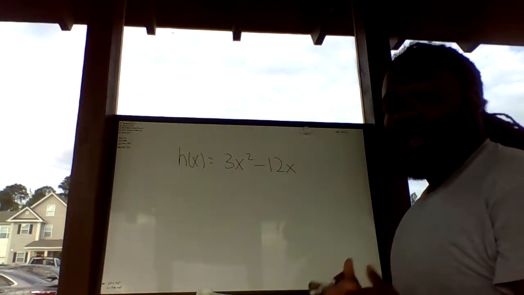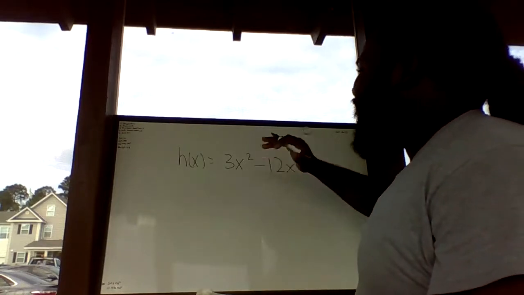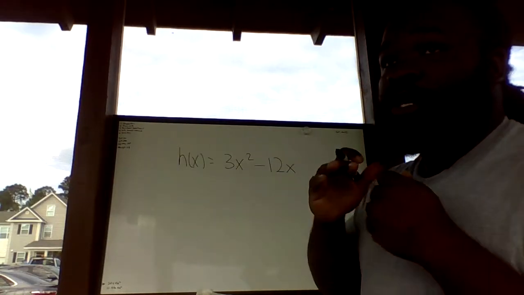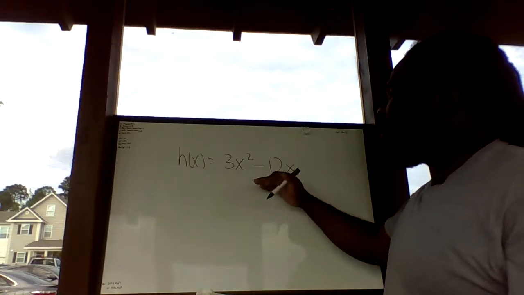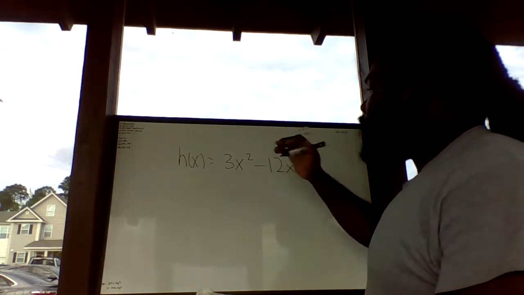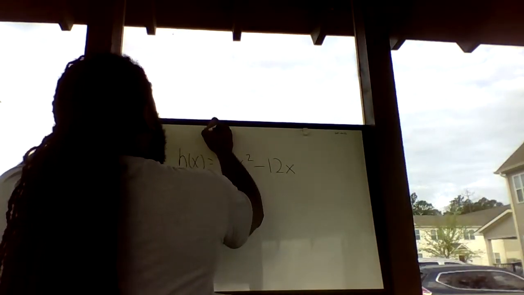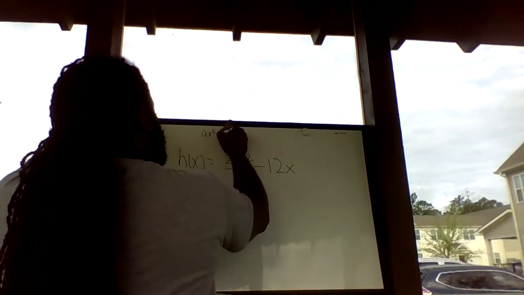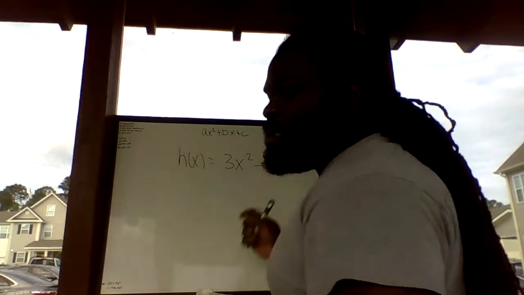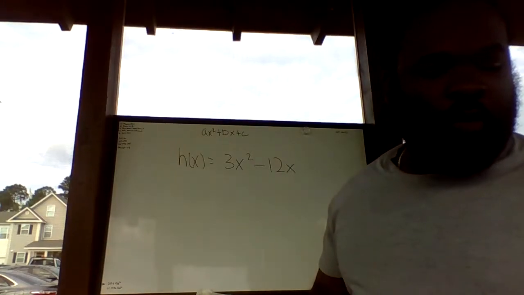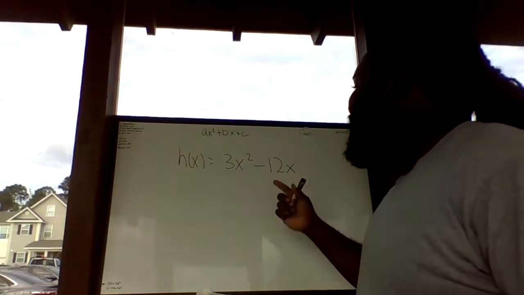Right now we just want to get the basic understanding of how to use completing the square to get this to vertex form, right? So it's already in standard form. Step 1 tells me writing in standard form is already in standard form. If you're not familiar what standard form looks like, that'll be ax squared plus bx plus c, right? My powers are in descending order, so we already have it in standard form.